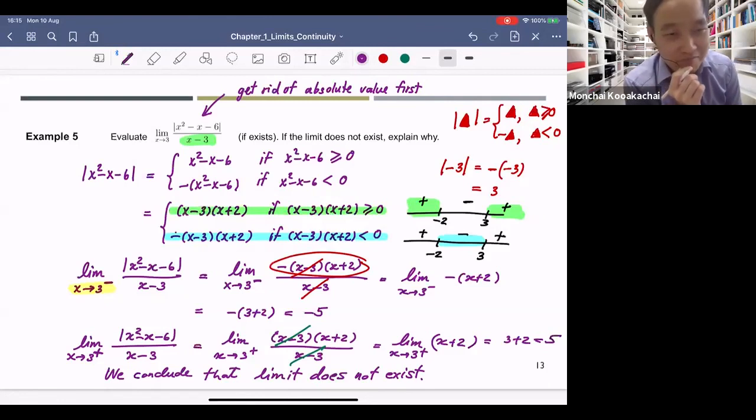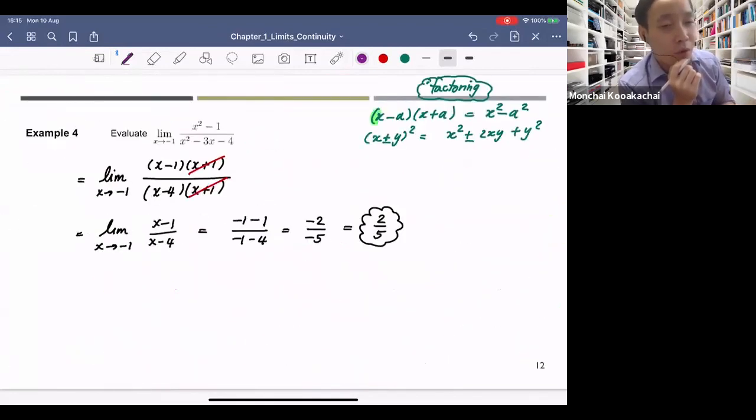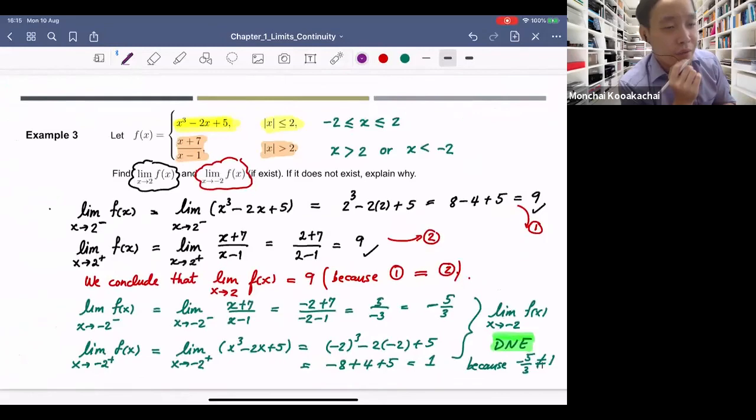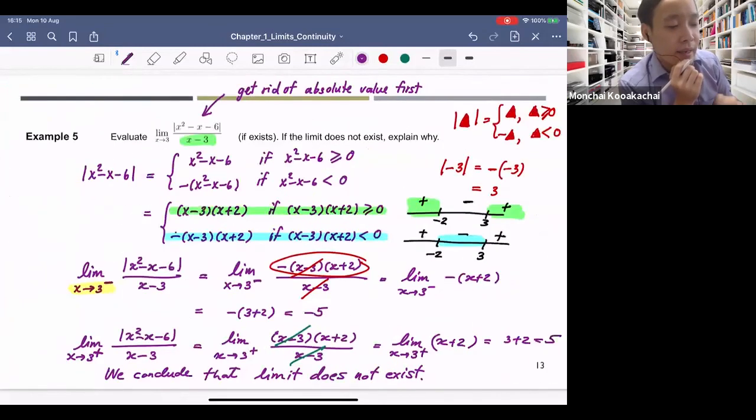Sounds good? Any questions so far? All right, we have done 5 examples today. So this is example 5, example 4, example 3. And yes, I am going to post my annotated lecture notes on Blackboard later today, so those of you who missed this can jot it down later.